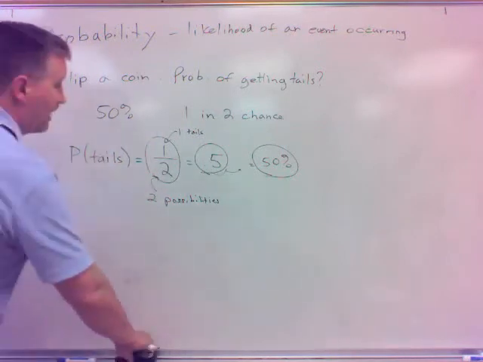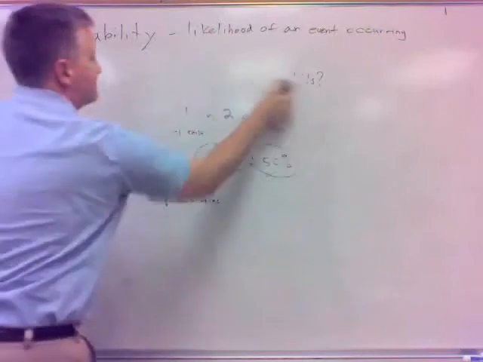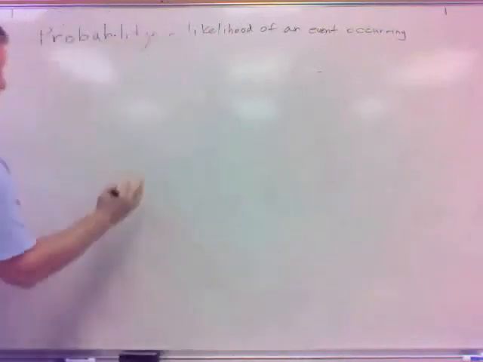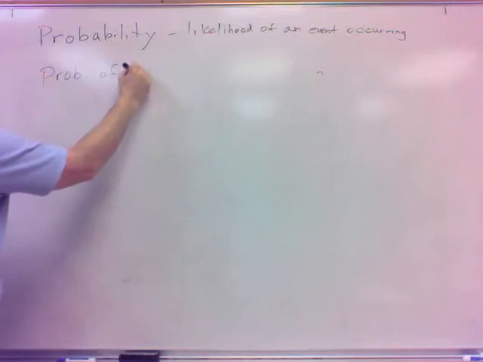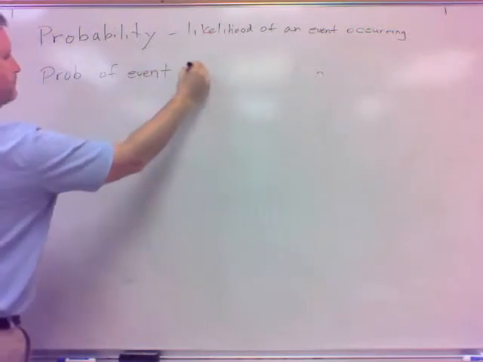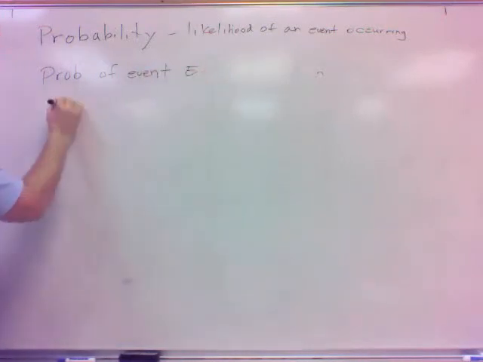Okay, so that's probability-wise. Let's say you just do the probability of events, call it E. Find it this way.